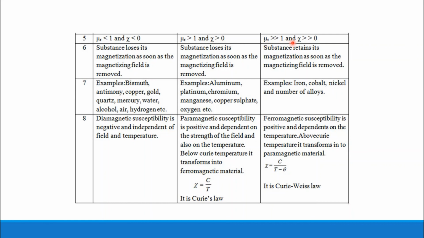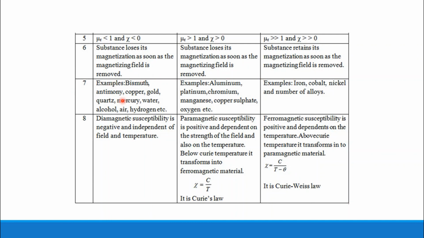The same happens in ferromagnetic substances but to a greater extent. Sixth one: diamagnetic substances lose their magnetization as soon as the magnetizing field is removed. The same happens in paramagnetic substances, but ferromagnetic substances retain their magnetization even after the magnetizing field is removed.